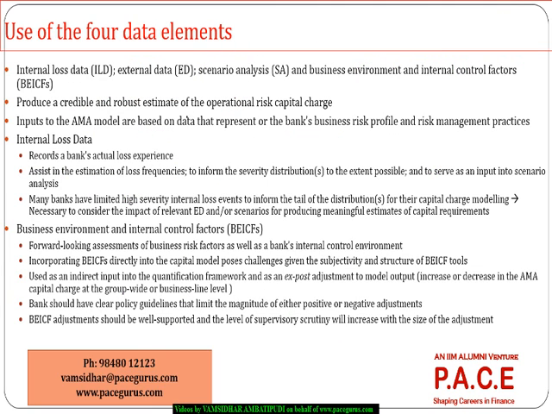And there comes the usage of the 4 data elements as a part of the computation of the AMA framework: internal loss data, external data, scenarios that are getting generated, and the business environment and internal control factors. So how are these 4 elements used to come out with a coherent operational risk capital computation?